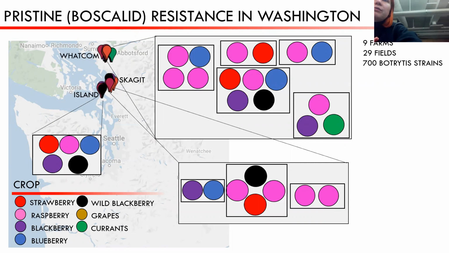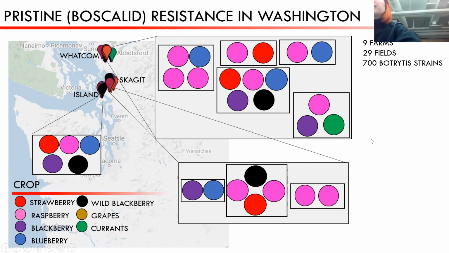We sampled 29 fields on 9 different farms. Each of the circles represents a field of a different small fruit crop, as you can see in the legend based on color coding. Each of the rectangles represents a farm. So we sampled multiple fields of different crops on a few farms.